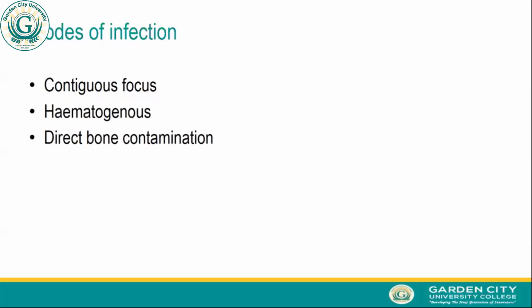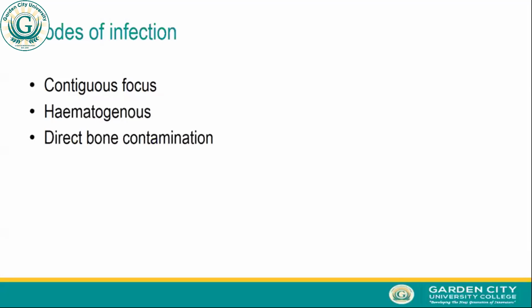Then we have the hematogenous spread. I think I talked about that as well. So infection, say tonsillitis, the boils, even infected teeth. Yes, that one also, bacteria can now run through the blood and then affect the site. And then we have direct bone contamination, maybe from traumatic injuries, open fractures, gunshot wounds, and all that.